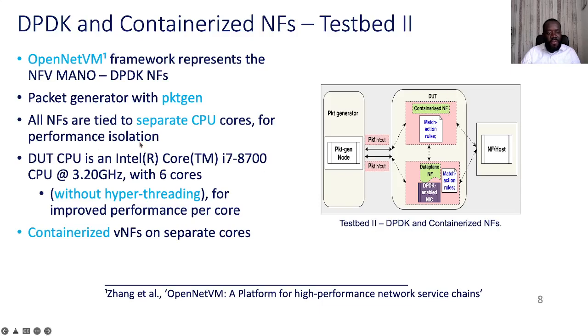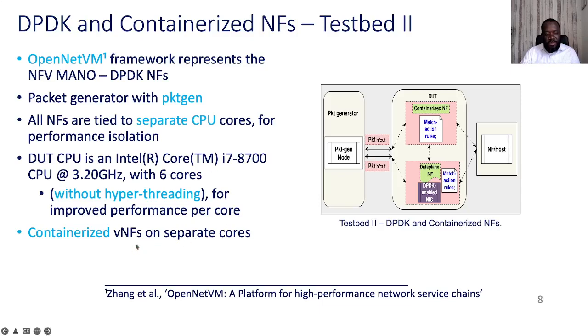In terms of device specification, we made use of the same commodity server that we used in the previous slides, the first testbed, for consistency. Each VNF was tied to a separate CPU core for performance isolation.